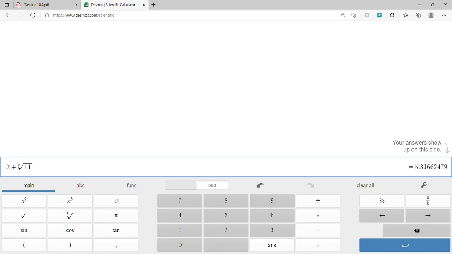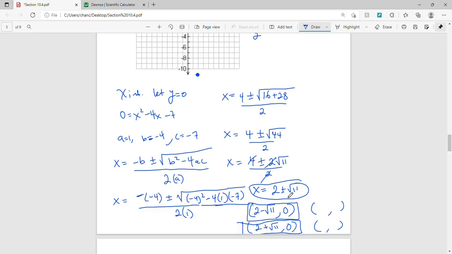We could edit this and do 2 minus the square root of 11, which gives us negative 1.3. So we have two approximate values. The first one for the plus is 5.3 comma 0, and the other one we have negative 1.3 comma 0. And we did that using our Desmos calculator.